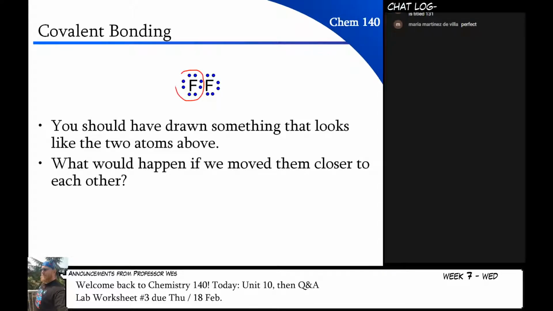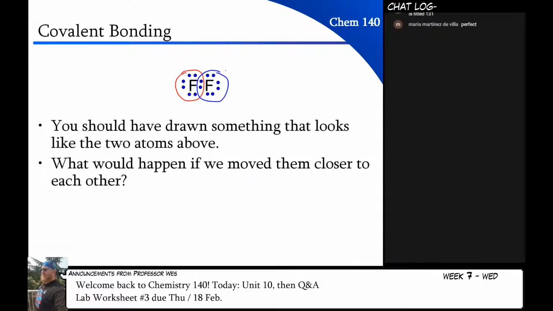Here's one fluorine atom. Does the fluorine atom circled in red have an octet? Yeah, I've circled 8 electrons. That looks good. How about the one I'm circling in blue? Ooh. It has an octet too. If we can have this be our octet, then the atoms will be perfectly stable and the molecule will form.